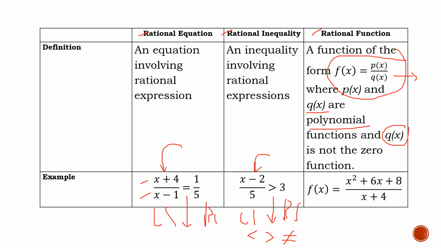So your p of x and your q of x are both polynomial functions, I mean, wherein your numerator and your denominator are both polynomials, and we need to check that your denominator q of x is not equal to 0. It must be not equal to 0. That's why you need to look for the value of x that can give you a denominator not equal to 0 before you consider this one.